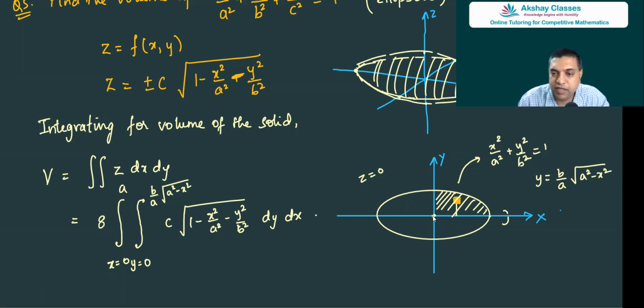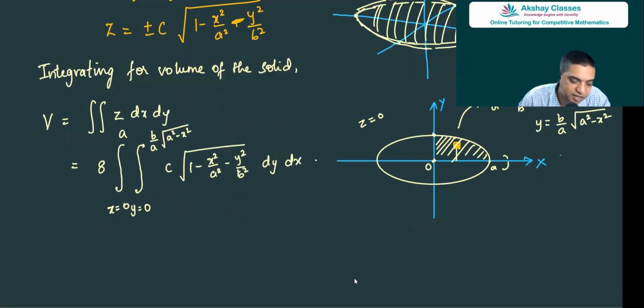So what I'm doing, I am taking 0 to a and 0 to this point b, of course. Now, when I integrate this, now this is z. It is not just z times dx dy, I automatically get the volume. Now, how to do this?